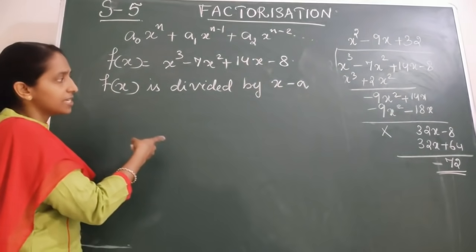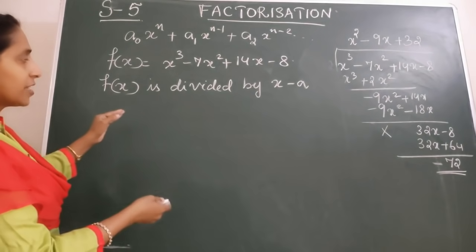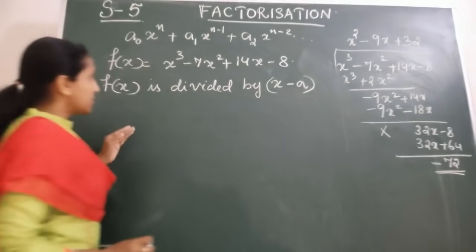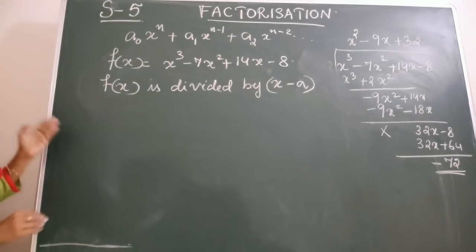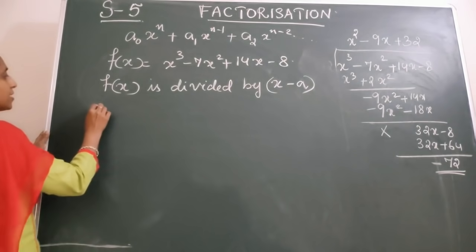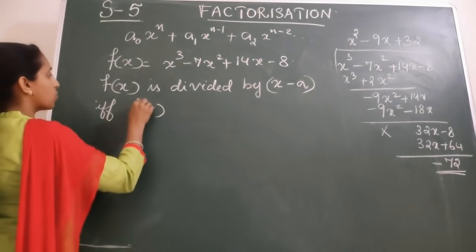Here we were dividing it with x minus 1. If any polynomial f of x is divided by x minus a, we can say that x minus a is a factor if and only if f of a equals 0.